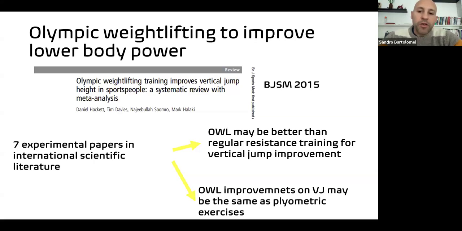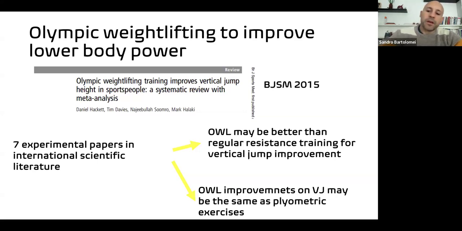So a review that was published in the British Journal of Sports Medicine, which is one of the best journals in sports science, analyzed the possibility to obtain improvement in lower body power by using weightlifting exercises. And more than seven experimental papers were included in this review paper.